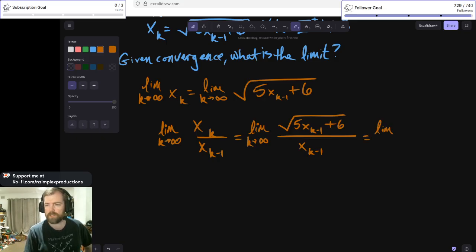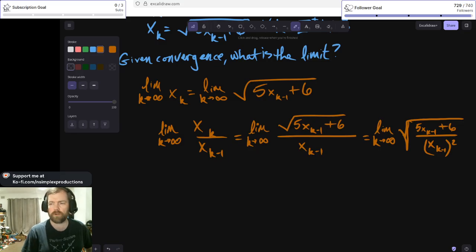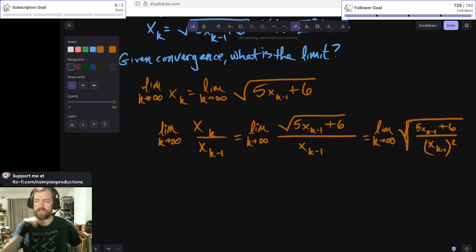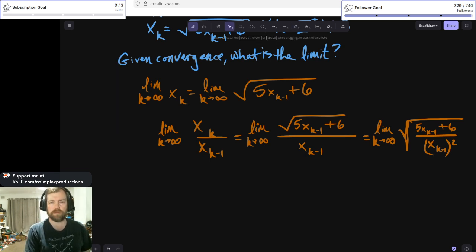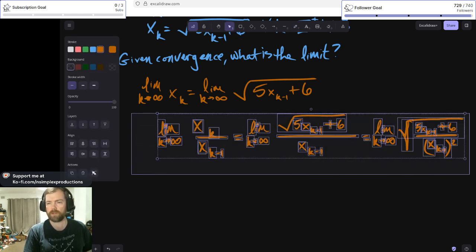This is going to be the limit as k goes to infinity of the square root of 5x sub k minus 1 plus 6, all divided by x sub k minus 1 squared on the inside of this square root. And then both of those are going to have x sub k minus 1s in the denominator, which is then going to say that the limit of this thing is 0. So that is actually as expected, given convergence.